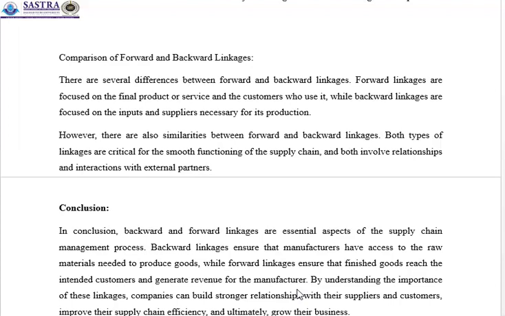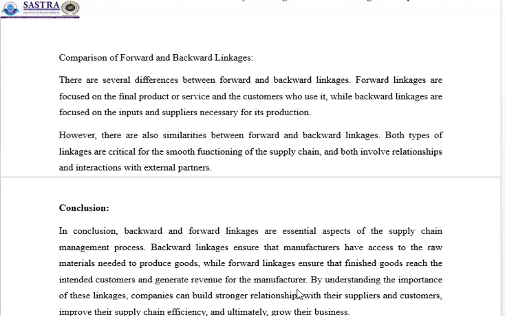In that case, both the forward and the backward linkages have a very tight relationship, otherwise called the similarities with each other. Both types of linkages are critical for the smooth functioning of the supply chain, and both involve a relationship pattern and interaction with external partners.